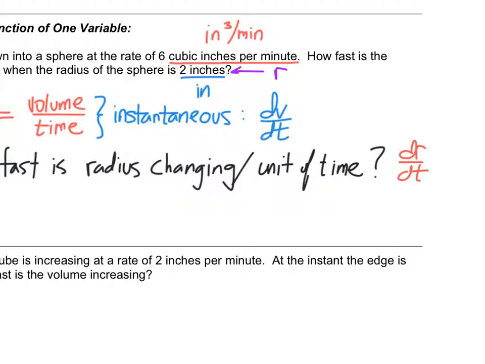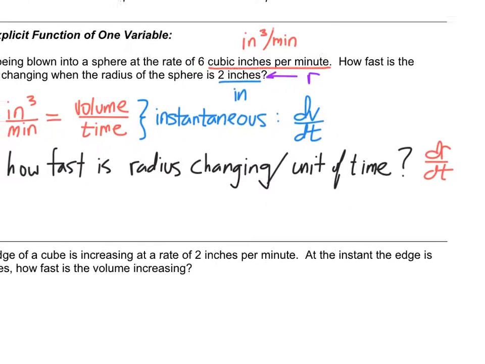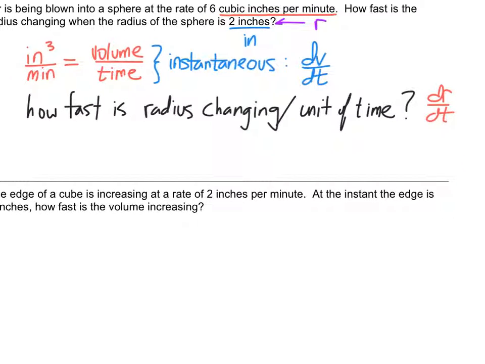All right, so what I need, specifically related to a sphere, is a formula that relates volume and radius for a sphere. Do we know what that is? 4/3 pi r cubed. Exactamundo.